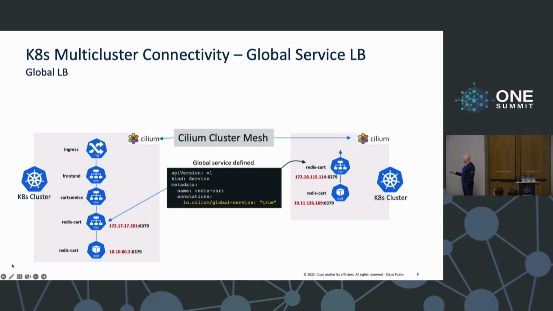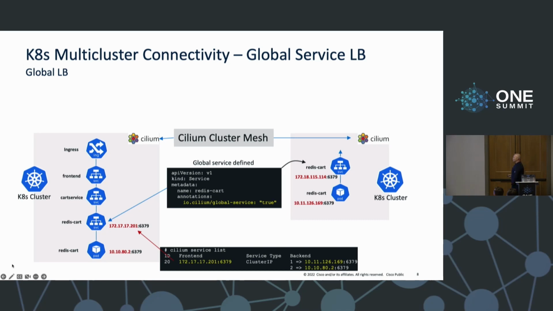So this annotation is global-service true, and the second that gets lit up inside of Cilium, the etcd instances, which are what's synchronizing the state between the clusters, all get together and figure out that they can now create a mapping. And this mapping is called a service list in the Cilium nomenclature.